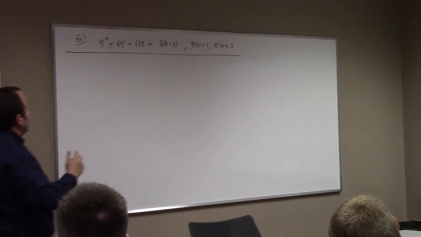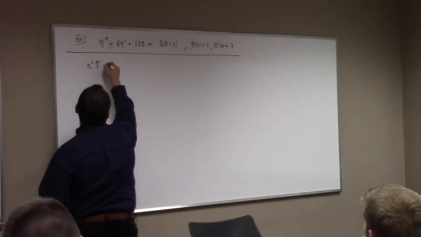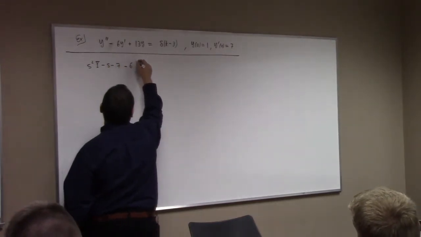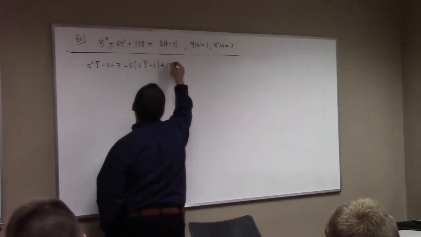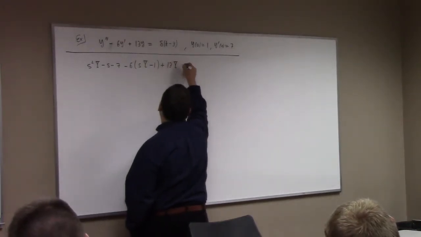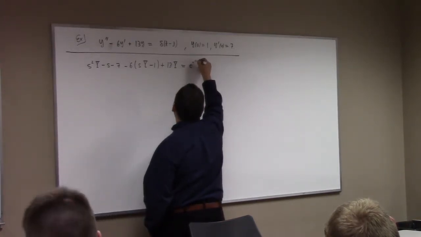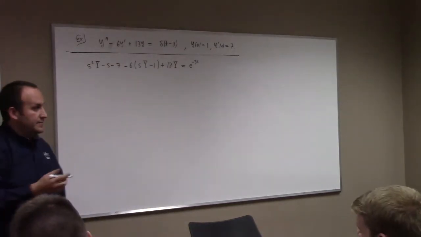So here we go. We've got s squared big Y minus s minus 7, minus 6 times (s big Y minus 1), plus 13 times big Y. What's the Laplace transform of the Dirac delta function? It's just the exponential in the s domain, e to the minus 3s. We derived that last time. Now I do algebra.